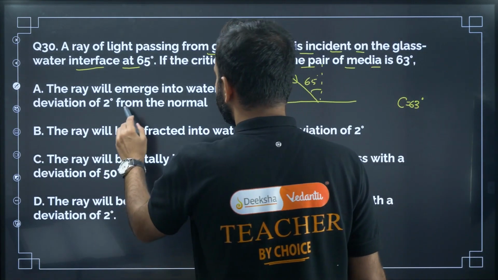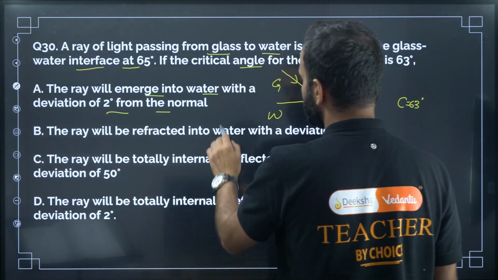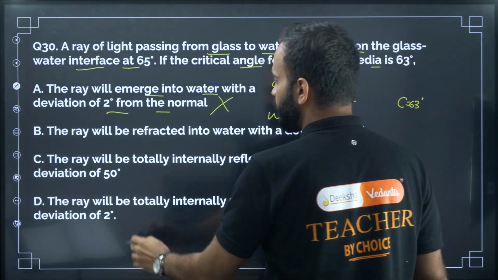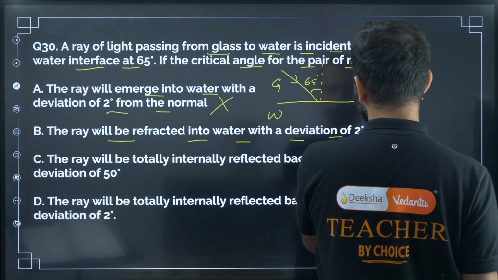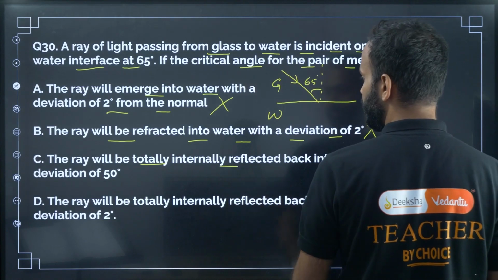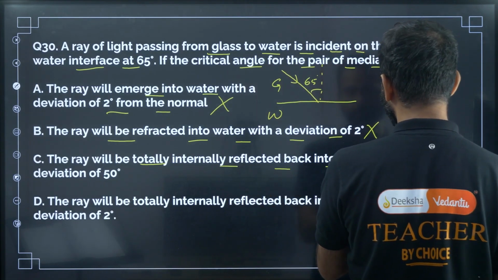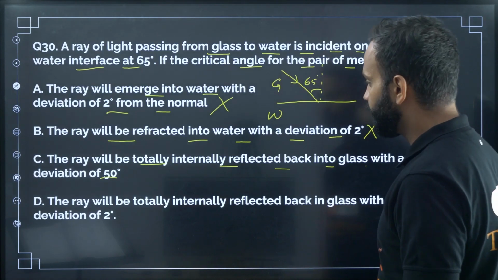Let's see the options. Option A, the ray will emerge into water with a deviation of 2 degree from the normal. Wrong. Option B, the ray will be refracted into water with a deviation of 2 degree. Wrong. Option C, the ray will be totally internally reflected back into the glass with a deviation of 50 degree.